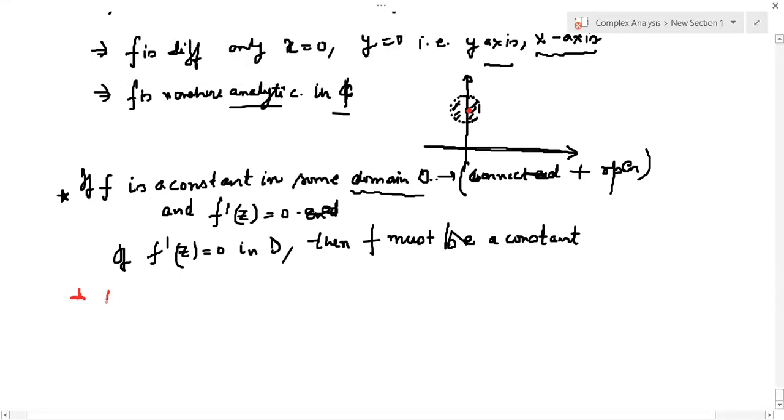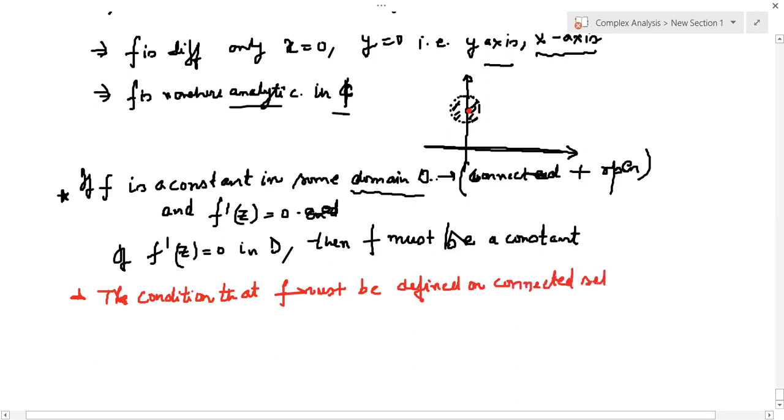The condition that f must be defined on a connected set cannot be relaxed and is not superfluous.